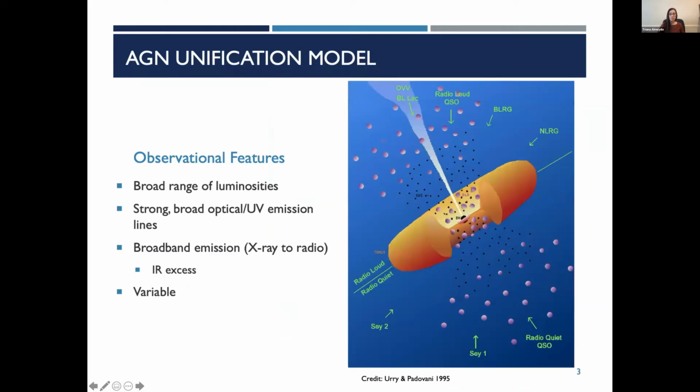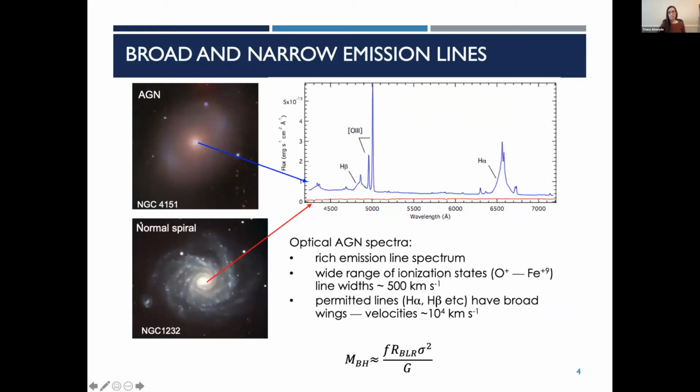So some basic observed properties of AGN are that they have a broad range of luminosities, they have strong broad emission lines, emit over a broad wavelength range, and are highly variable. So the emission line regions that I've mentioned previously are made up of gas clouds that are photoionized by the accretion disk emission, yielding the characteristic emission lines from observed AGN spectra that we see here in the upper right-hand plot, which shows an example AGN spectrum in blue versus a normal quiescent spectrum in red.